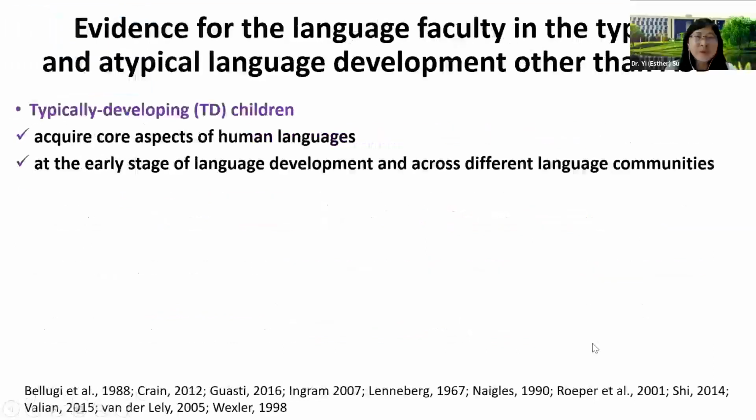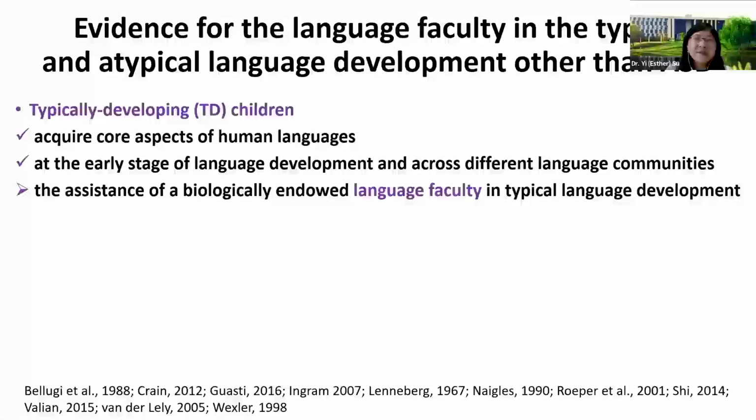So in previous work among typically developing children, we have a lot of evidence that they acquire core aspects of human languages. They have core universal grammar principles and parameters at an early stage of language development, and across different language communities. So children learning different languages have knowledge of universal principles or parameters or other universal mechanisms of language acquisition.